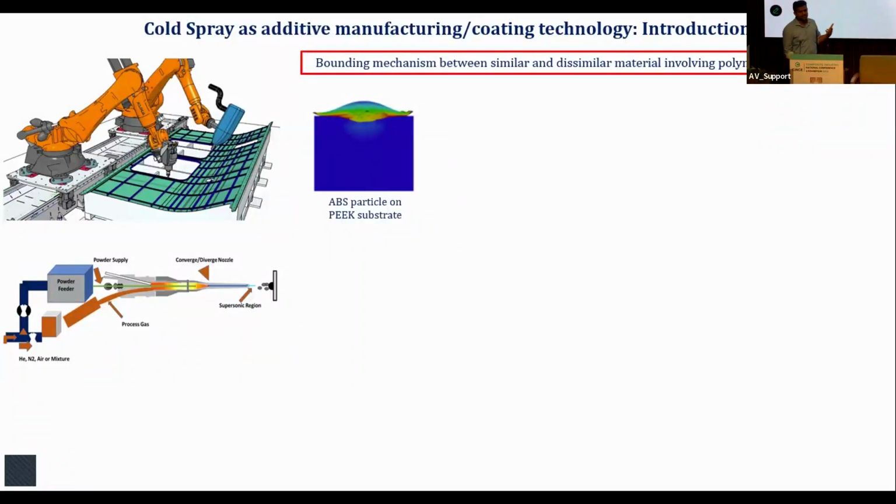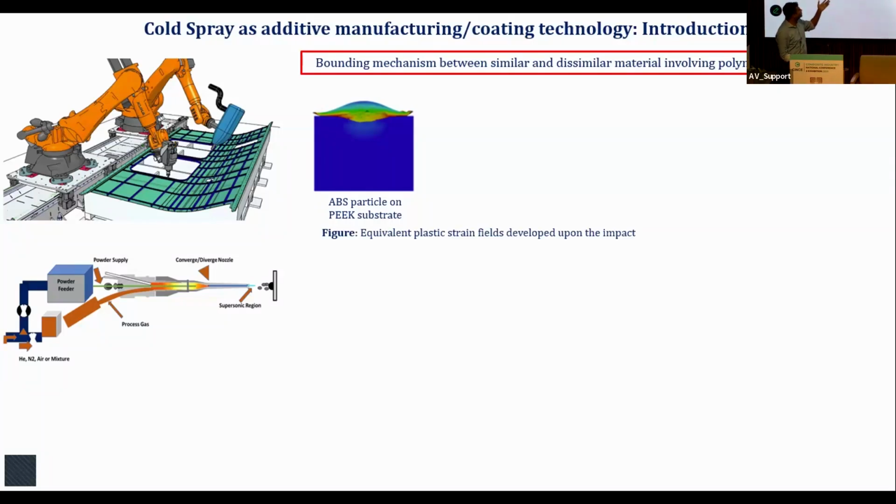First is plastic deformation and mixing, basically elastoplastic flow, which we can also call ASI, adiabatic shear instability. When particles impact, there's a localized rise in temperature, due to which material melts on both sides and it gets plugged in. So that's one mechanism.